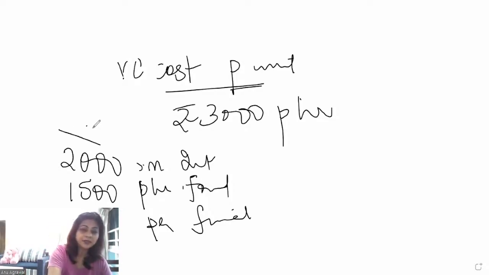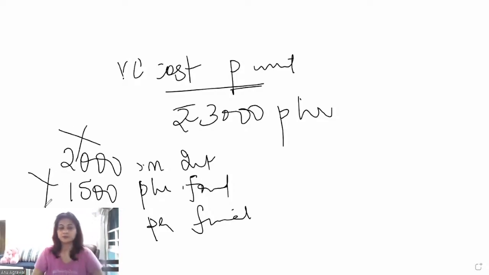I will not take up inter. I will not take up foundation. I will take up final only, because if I would not have worked with ICAI, if I would have worked on my own or with somebody else, I would have got 3,000 rupees per hour. So that's my variable cost. That's my cost of giving 1 hour. Yes or no? So that cost of giving that 1 hour is 3,000.